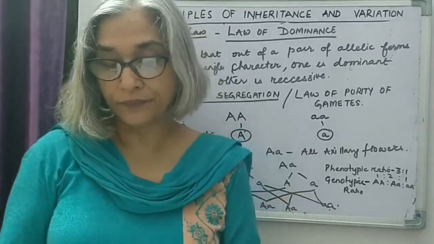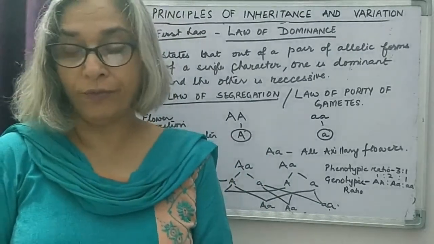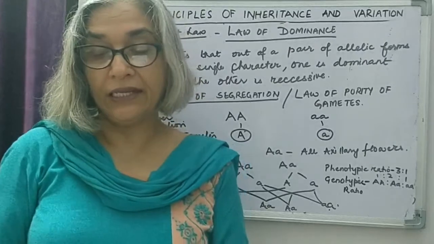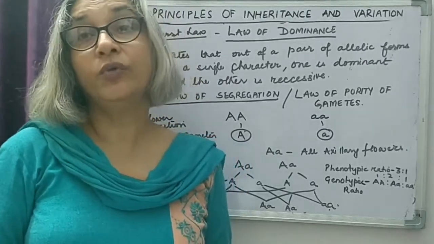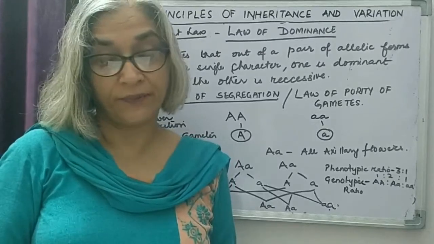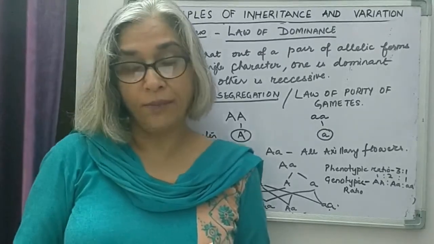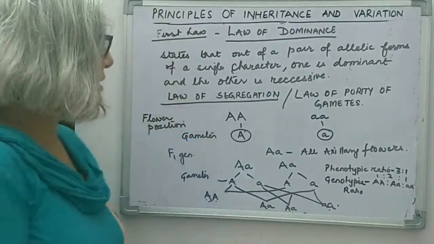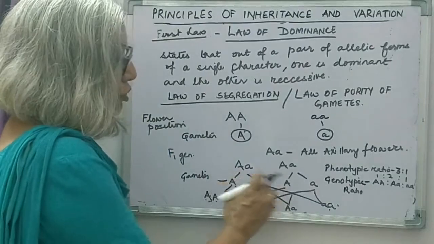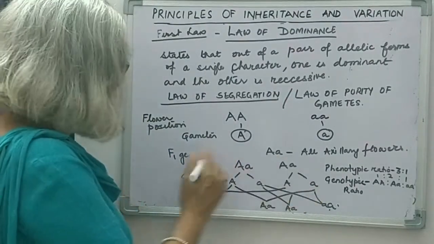So we say that law of segregation or law of purity states that allelic pairs separate or segregate during gamete formation, and the paired condition is restored by random fusion of gametes during fertilization. In this case, fusion of gametes is taking place. The gametes that are formed are pure.